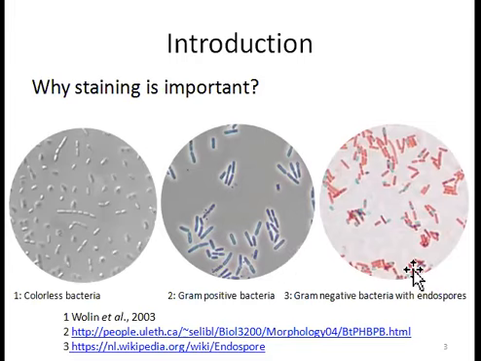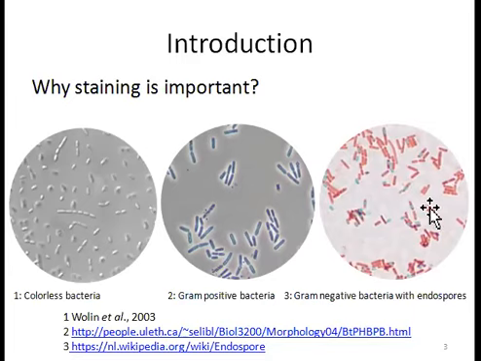Here in the third picture, you can see bacteria under the compound microscope which have two different colors. Some cells are pink, and some cells bear a small portion which is blue in color. This is a type of differential staining, and in this picture you can see endospore forming bacteria.